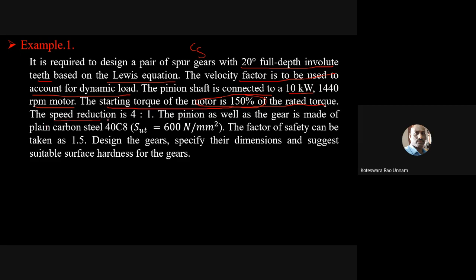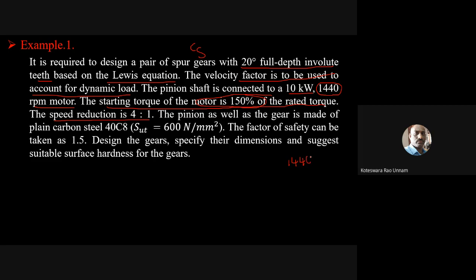The speed reduction is 4:1. That is, the speed reduction is nothing but the velocity ratio, 4:1. So if the pinion runs at 1440 RPM, your gear should run at 1/4 of that. So speed is reduced here.